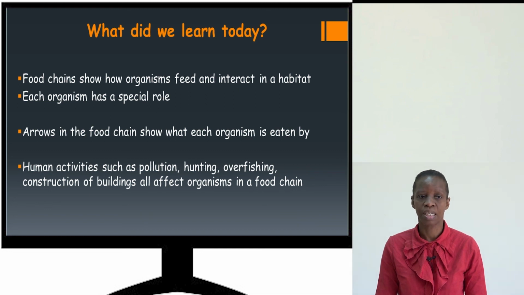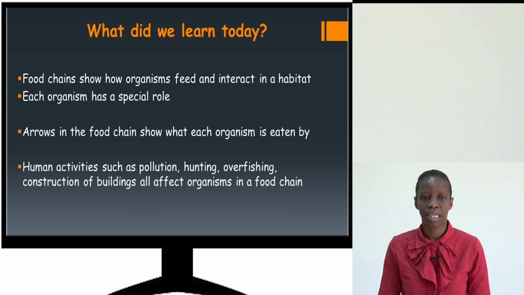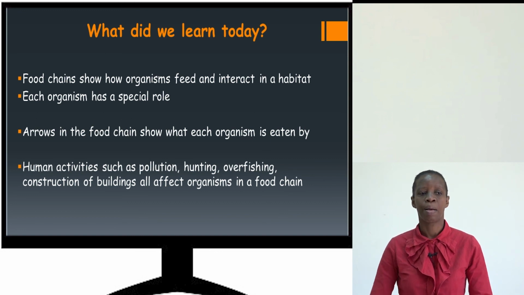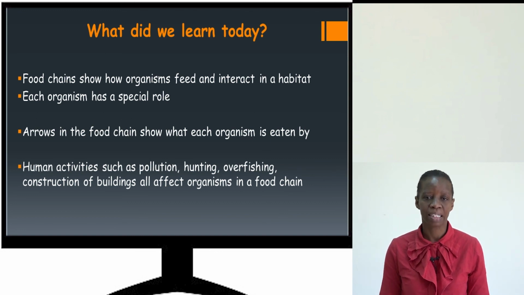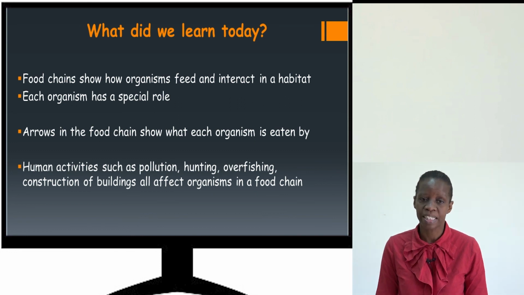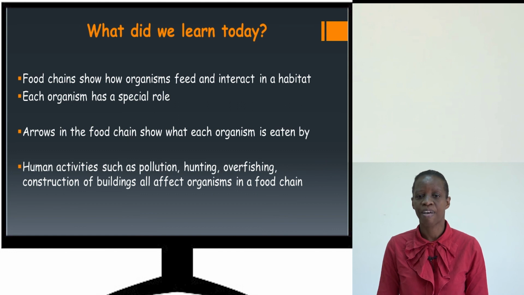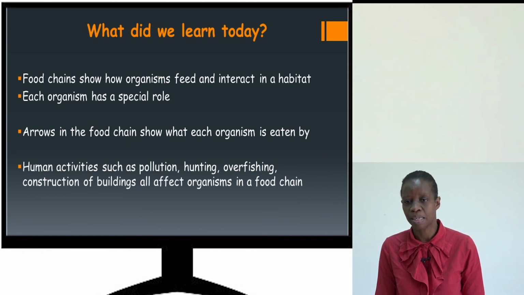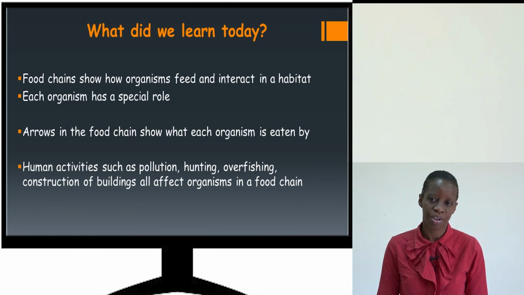Using arrows, we can show what each organism is eaten by. And please remember that human activities such as pollution, hunting, constructing buildings, overfishing, all of these can affect organisms in a food chain. And as we saw earlier, if we affect the population of one organism, it will affect others in the food chain.